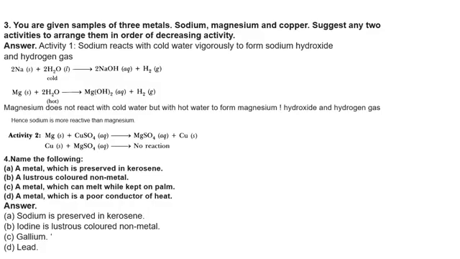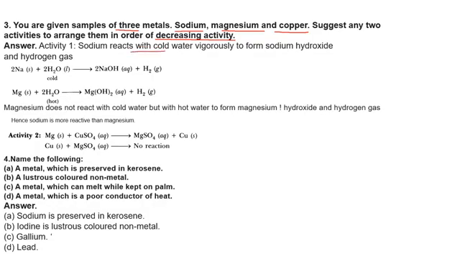Coming to the next question: you are given samples of 3 metals, sodium, magnesium and copper. Suggest any 2 activities to arrange them in order of decreasing activity. So let's start. We can make them react with water. Sodium reacts with cold water, right?